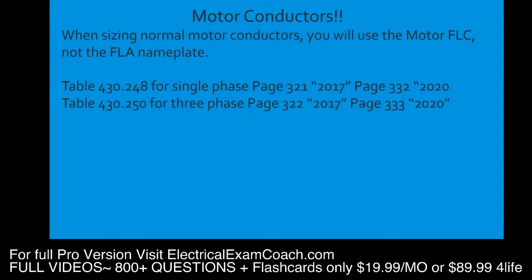Don't try to change the reasoning there because it's very easy to do. So if the question stated a 7.5 horsepower motor on three-phase with 230 volts, you would go over and select an FLC of 22 amps, okay? And if it said a 7.5 horsepower motor for 208 volts, you would go over and tee off and find out that it has an FLC of 24.2 amps.